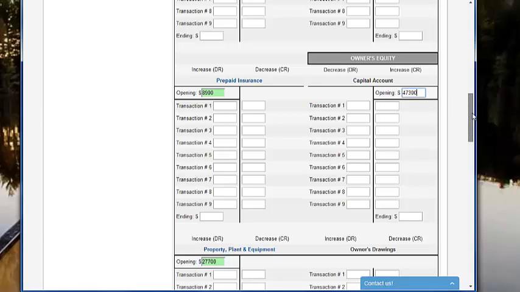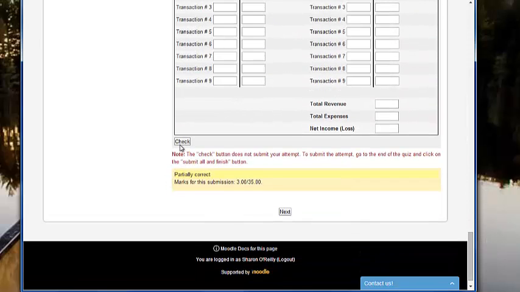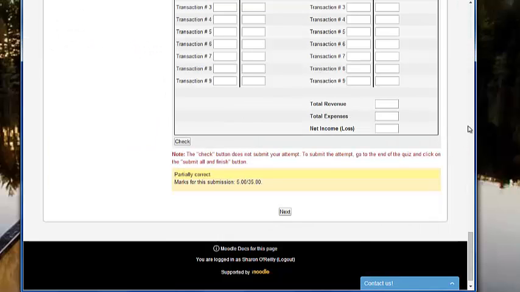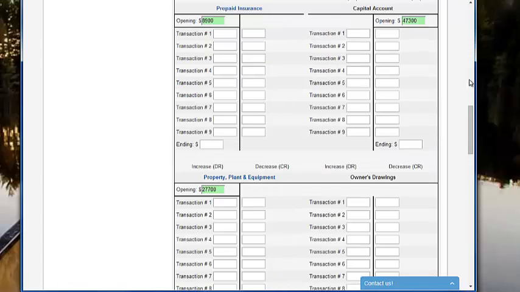So those are our beginning balances, and if we wanted to, we could come down and click check again. Can do this a step at a time, and hopefully we'll see that everything is green. Yay!